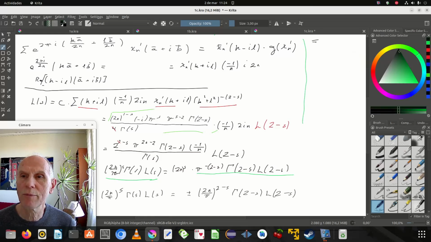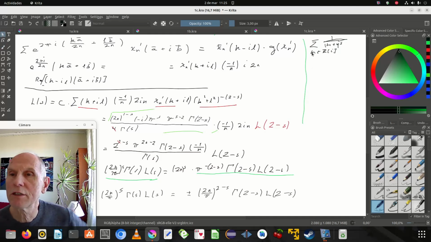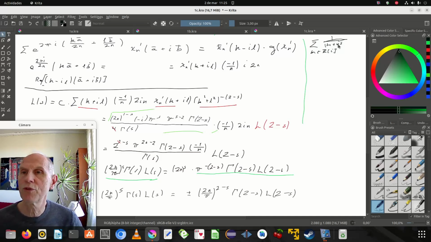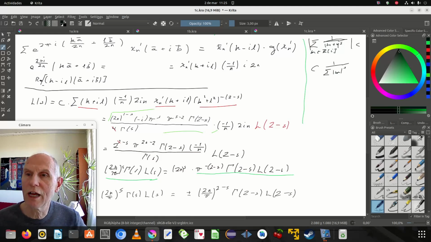When we have a double sum, if the norm of m is larger than, say, 2 times the norm of u, then it can be dominated by some constant for m sufficiently large.